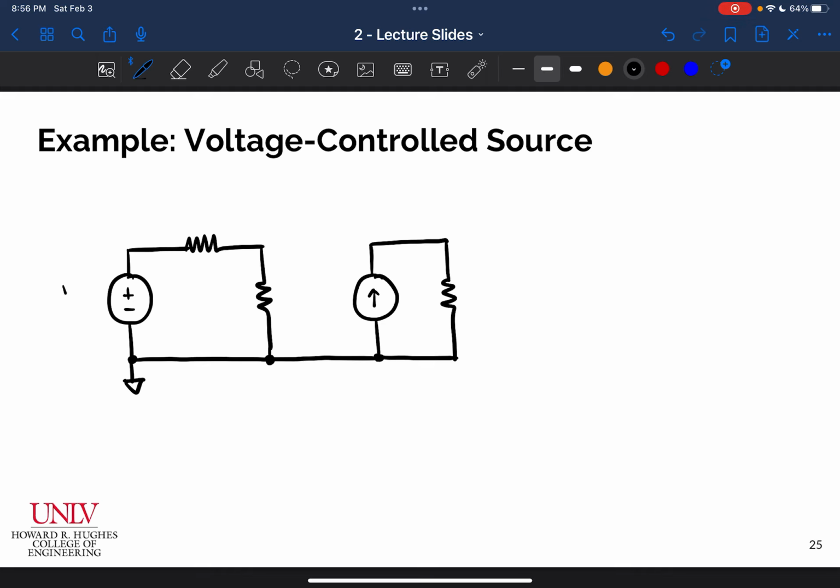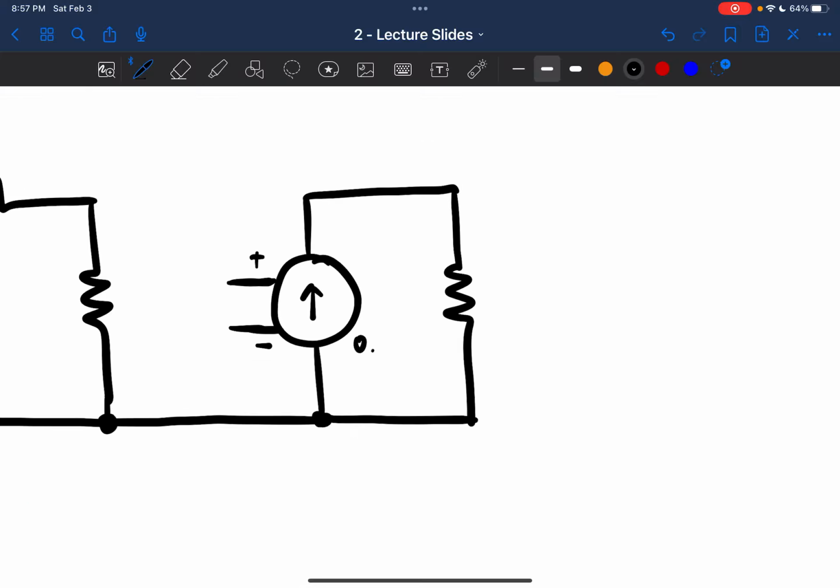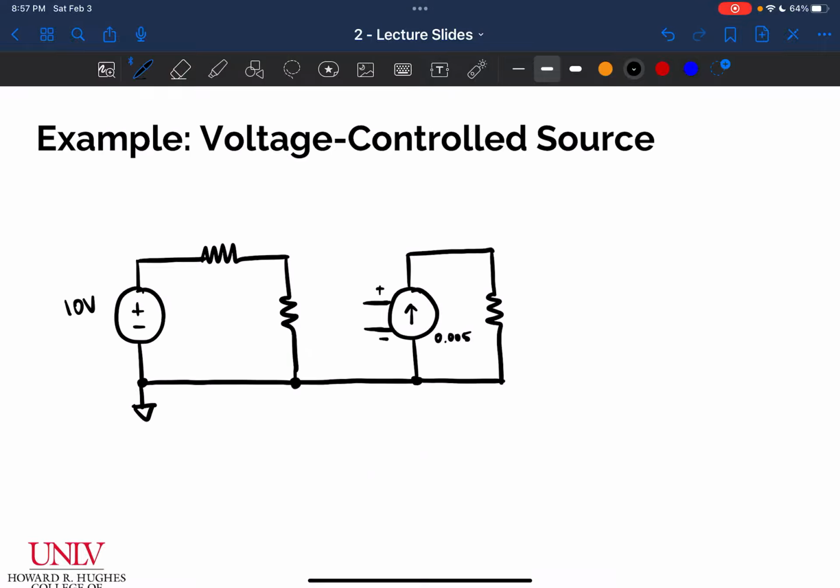Let's say that this is a 10-volt voltage source, and then let me draw the inputs to my voltage-dependent current source, plus and minus, and let's give it a gain of 0.005. All right? And what I'm going to have here are 1K resistors, and I'm interested in determining what is the voltage at this node.